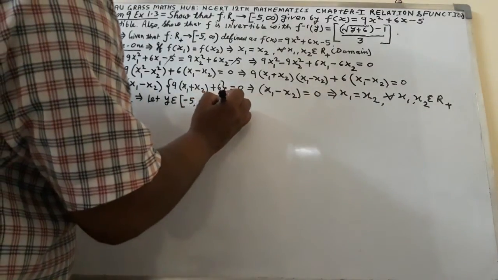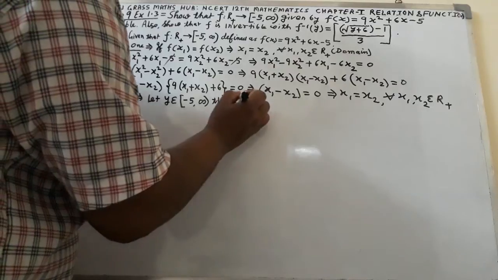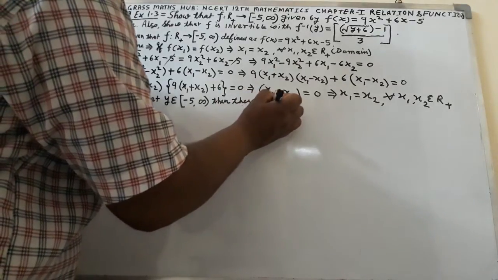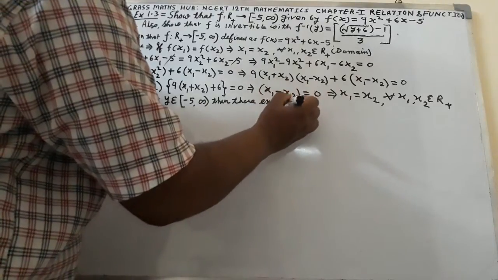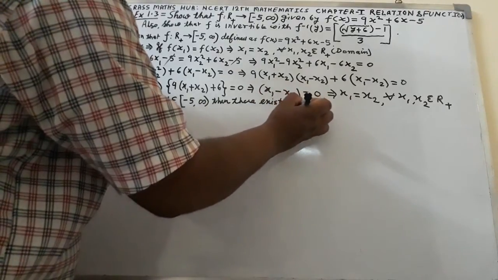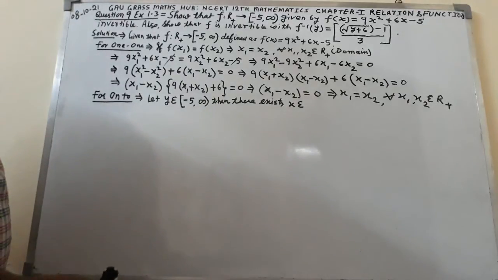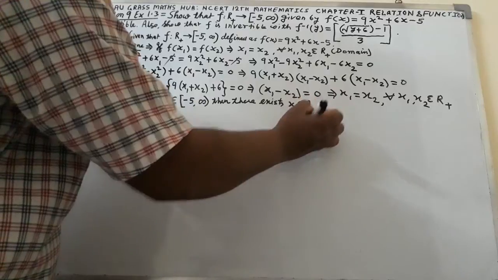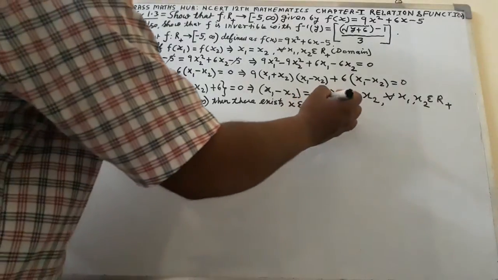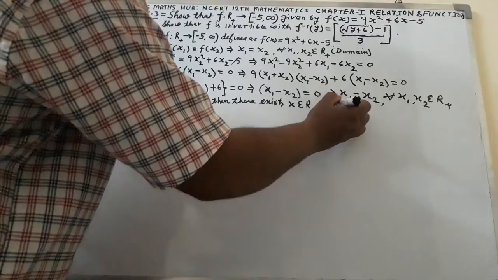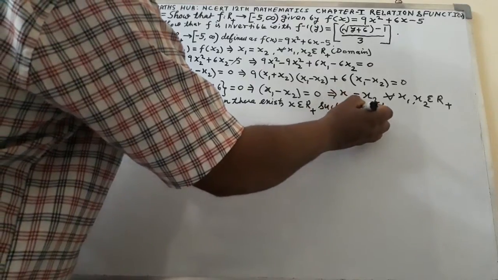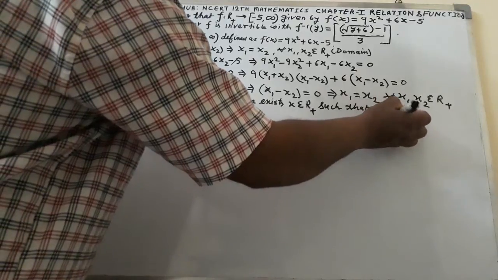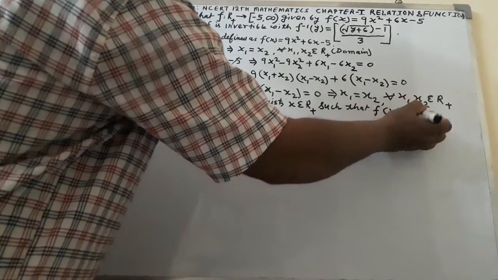Then there exists x belonging to the domain, the set of positive real numbers, such that f of x is equal to y.